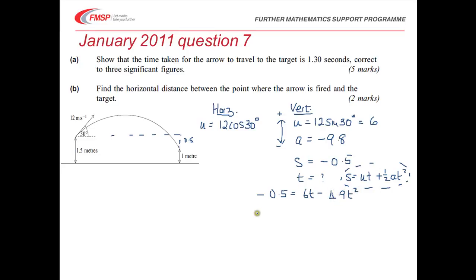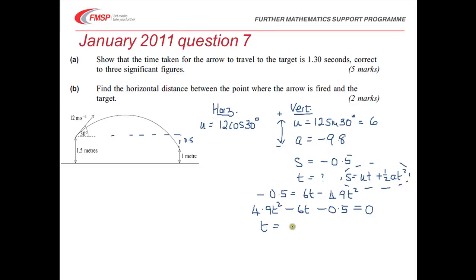Rearranging that, we'll bring everything across to the left, so the t squared term becomes positive, the 6t becomes negative, and then we have negative 0.5 already. So we're arranging it in the form ax squared plus bx plus c equals 0. It won't unfortunately factorise, so we need to use the quadratic formula.